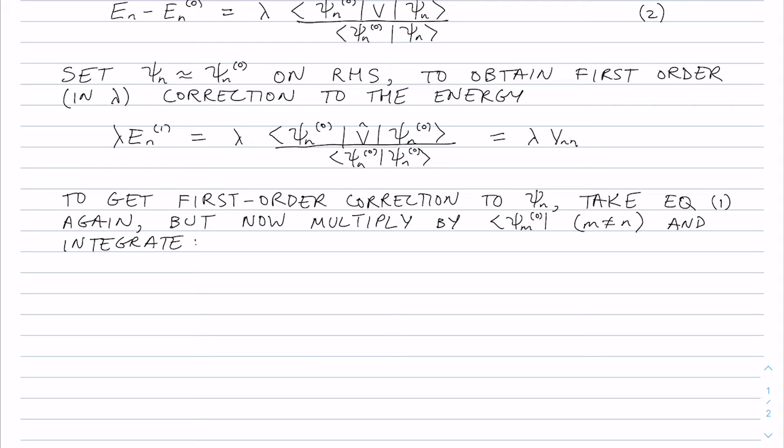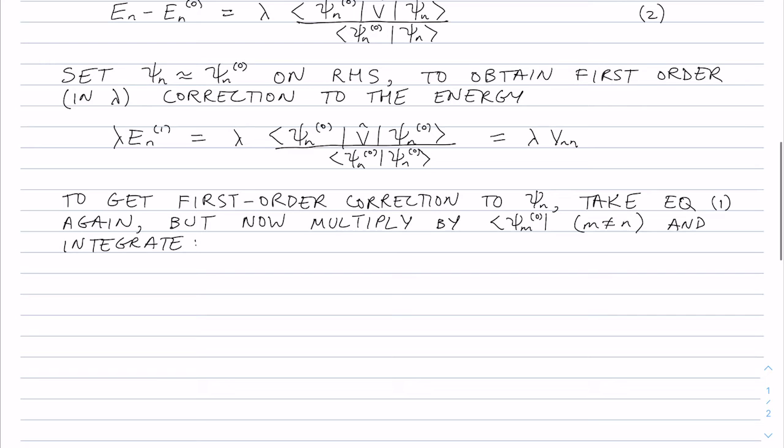So we will have H psi_n equals E_n psi_n. That was equation 1. Now we're going to multiply it on the left by psi_m^0, but I'm going to just switch them around as well, for the same reason as last time. Well, I didn't do it last time, but I probably should have.